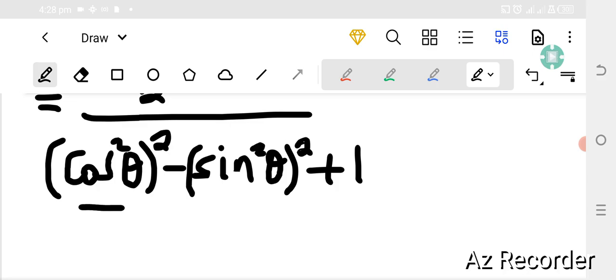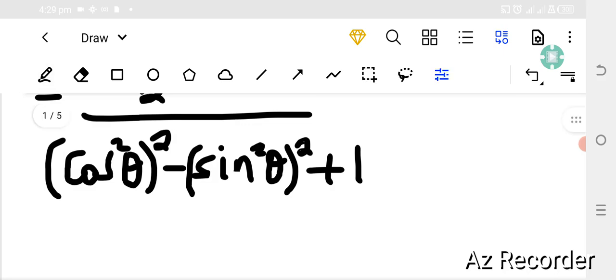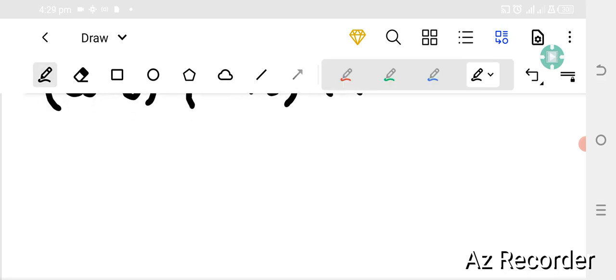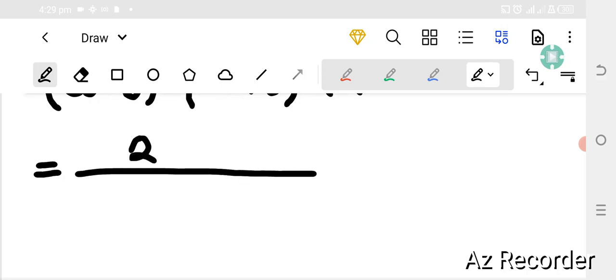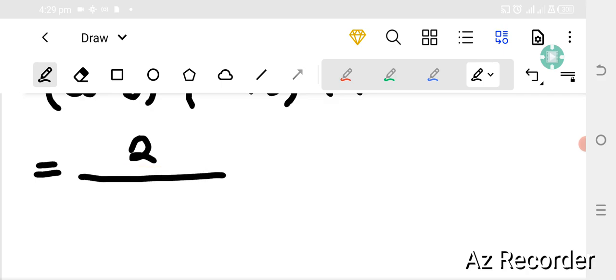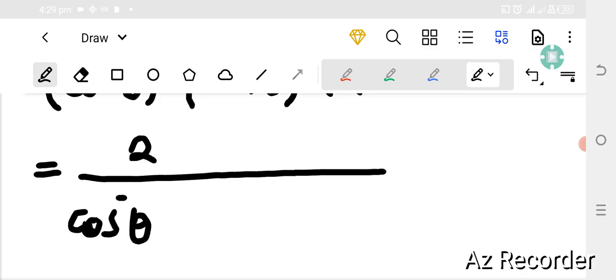So for the 2023 intake, this is the internal. They had to use this idea. Then from there, they were supposed to say is equal to 2 divided by, in one bracket, we are going to write something. 2 divided by cos theta squared, in one bracket, you say plus sin theta squared.